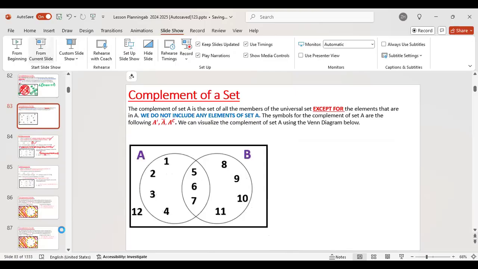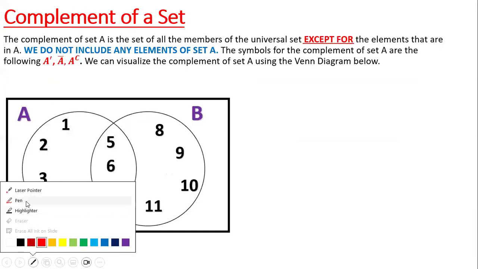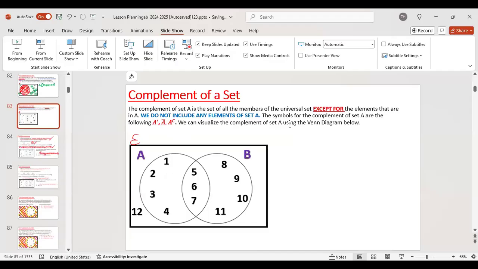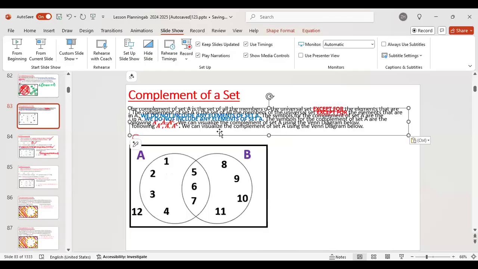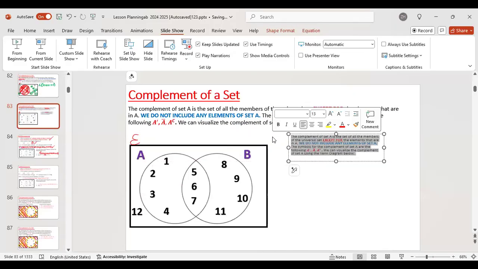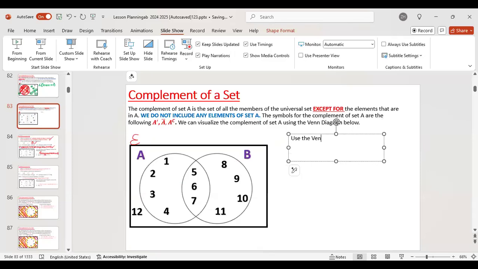So what I want us to do here is, let's put the universal set back again. Epsilon. And what we want to do here is answer some questions based on this. So the first two we should already have. The question says, use the Venn diagram to answer the following questions. So you already know what number 1 is.